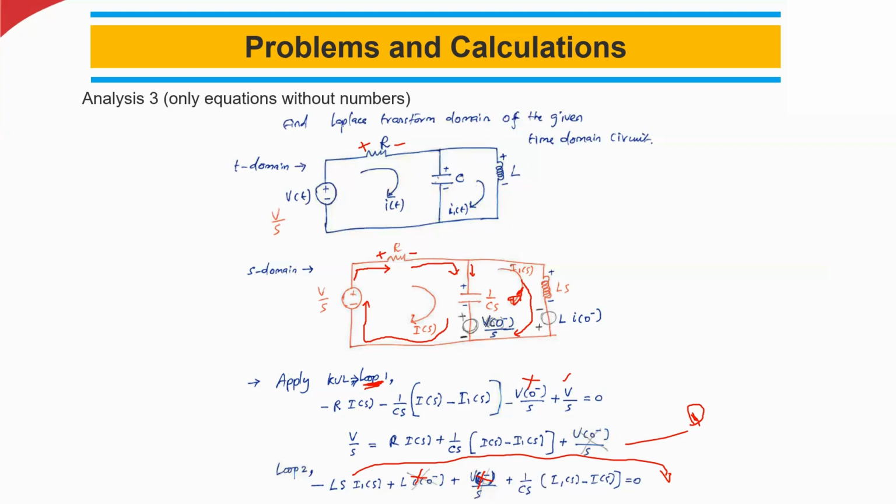It's the same actually. So that's all about this analysis 3. I just want to give you some idea how you can write the equation, how you can convert the circuit from one domain into another, and when you have more than one loop, how to write the exact terms and the polarity correctly.